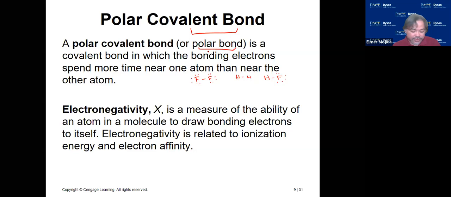So a polar bond is a covalent bond in which the bonding electrons spend more time near one atom than the other atom. If I ask which of the following exhibited a polar covalent bond, A, B, or C?